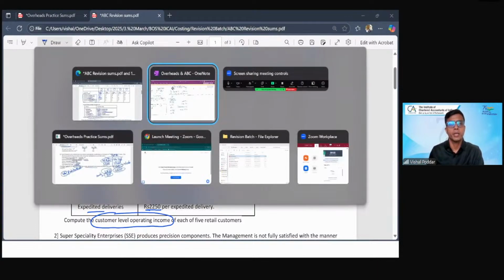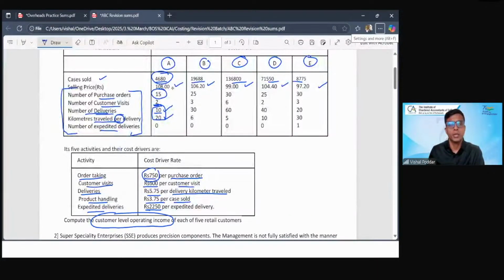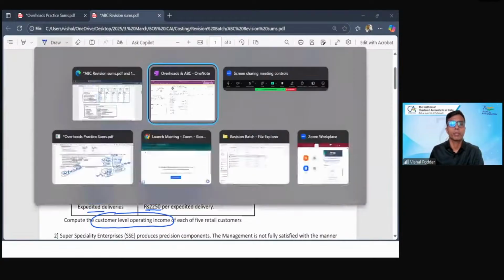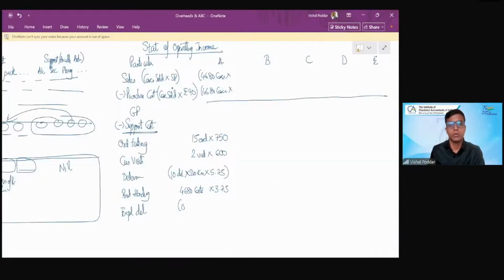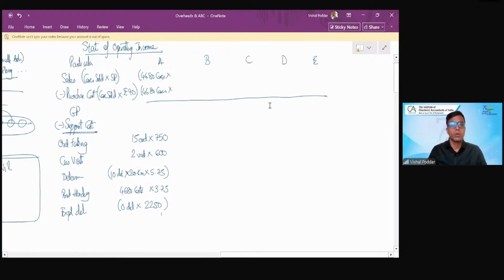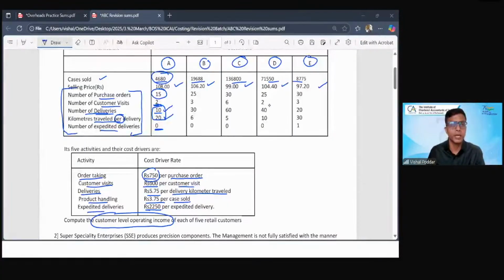Now, how many expedited deliveries are there? Here, expedited delivery is 0. So it is 0 deliveries into 2250. So effectively it is 0. So this is how you will end up finding out the net profit for each customer category.